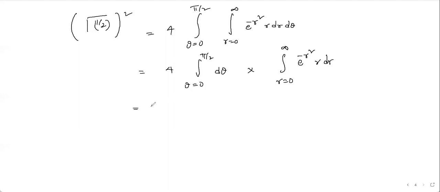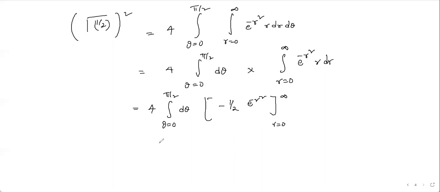So this is 4 times the integral of theta from 0 to pi by 2 d theta, times minus half e to the power of minus r square, with r being 0 to infinity.